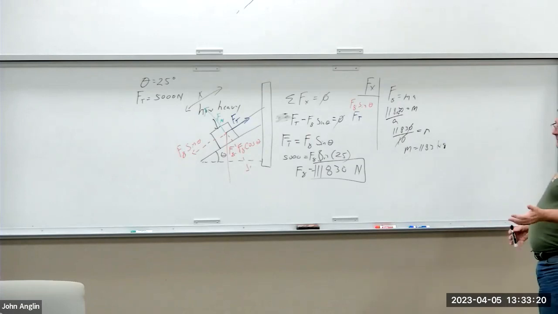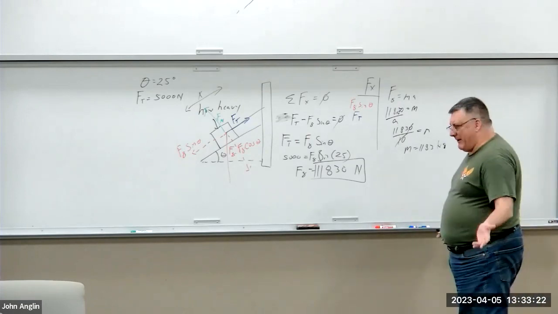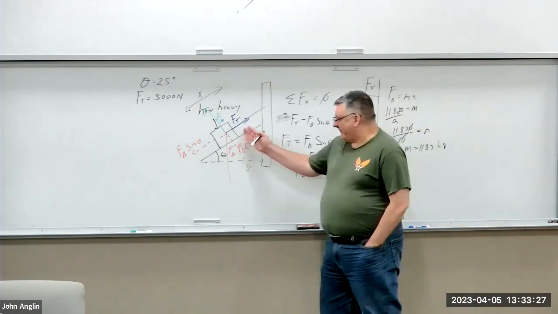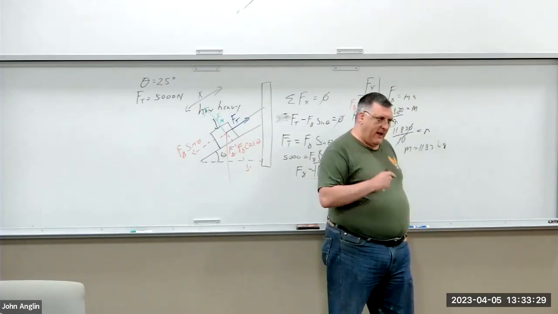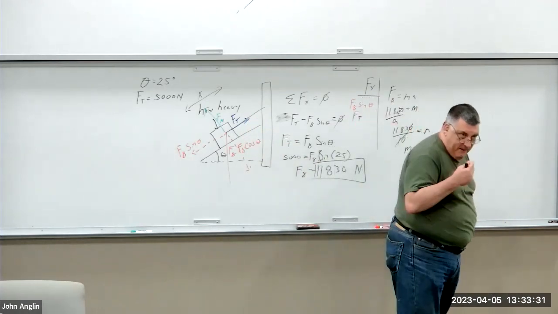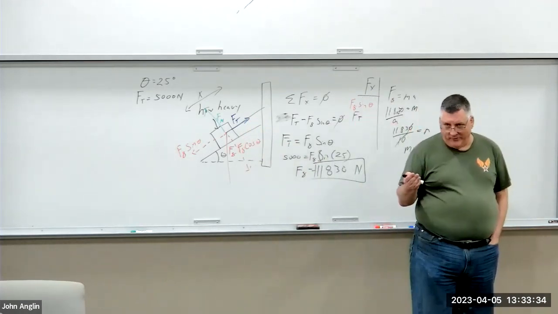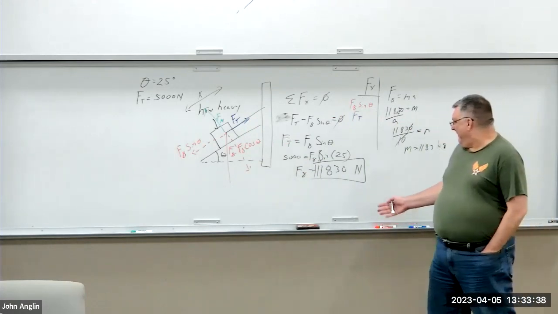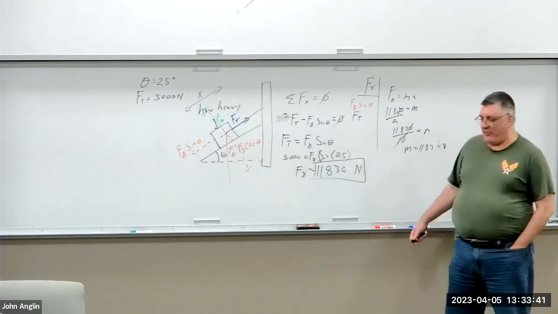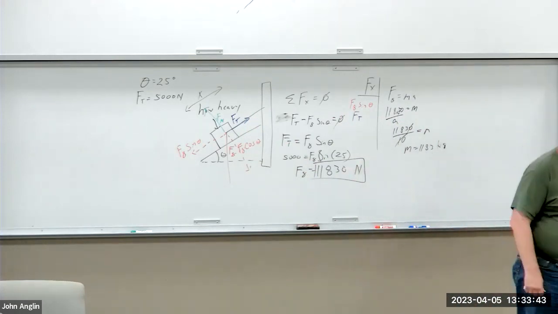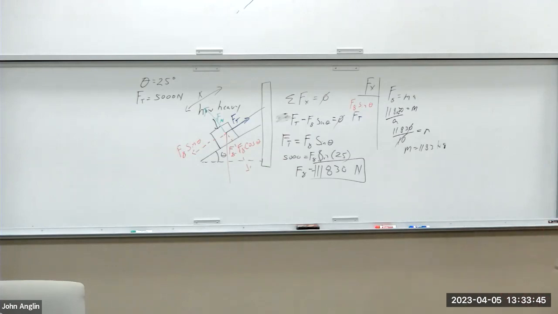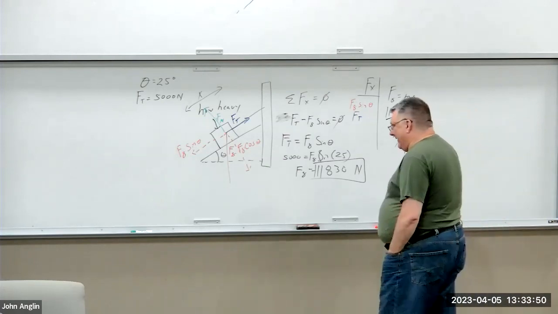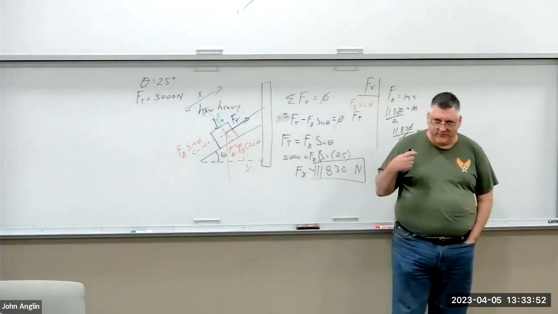I look on the packaging, or I go down to Home Depot and buy it, and it tells me that this rope has a maximum tensioning strength, or the maximum amount of weight it can hold, of let's just say 11,830 newtons. Then I need to find out how heavy this TV can be if I'm going to use this setup.